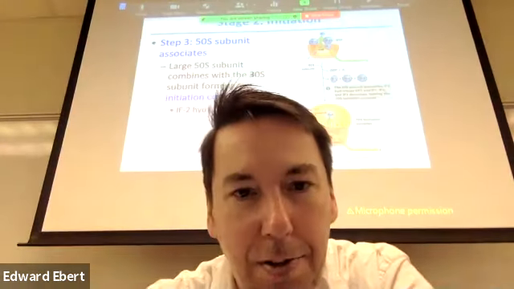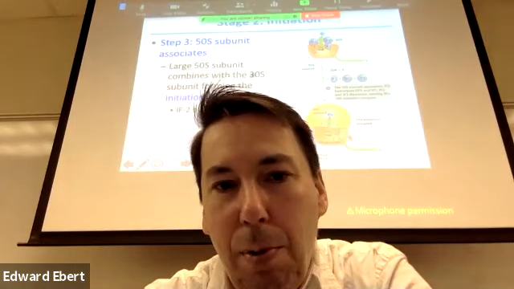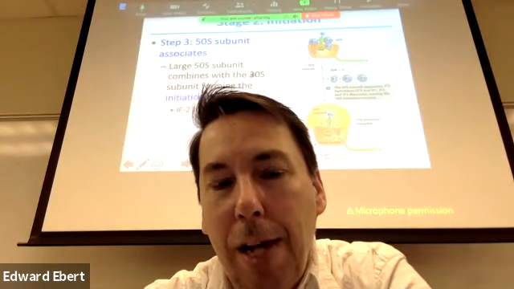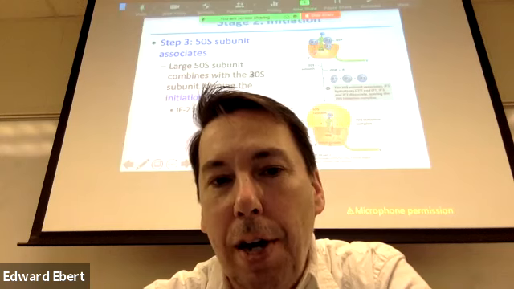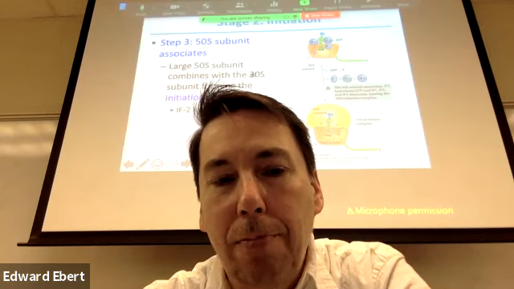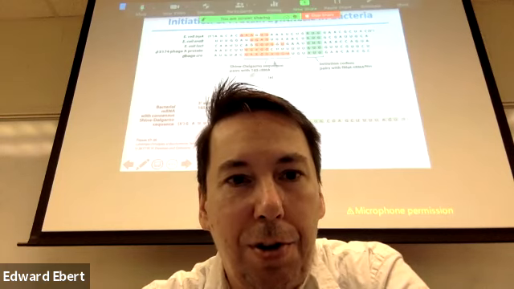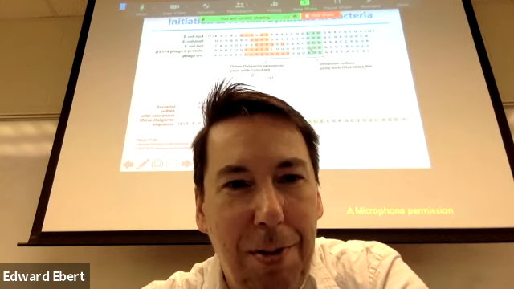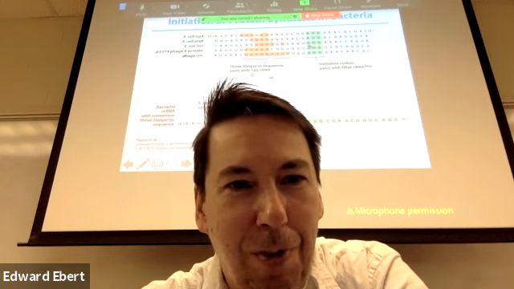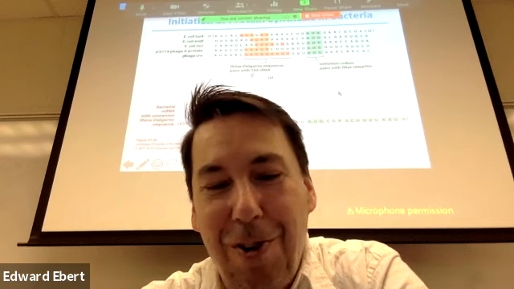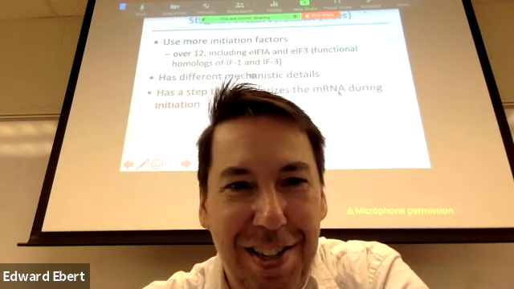So now we still have our cleft, but we now have it loaded, and we have our first charged tRNA in there. And you can see here our Shine-Dalgarno sequence and our initiation codon. So we have a funky variation, where one variation of E. coli has a GUG for our initiation site.